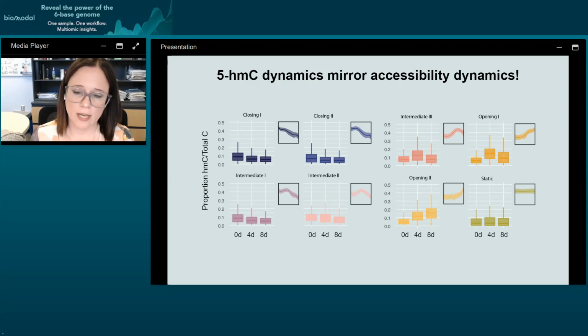If we take those extreme highs of hydroxymethylcytosine content and ask which regions are displaying the most hydroxymethylcytosine, we see that very specifically those regions that we defined with very specific accessibility behaviors display the most hydroxymethylcytosine content. Those are the regions that are either transiently opening or opening, which is maybe what we might have expected for regions that are supposed to be becoming demethylated. And this also seems to be happening predominantly at 4 days.